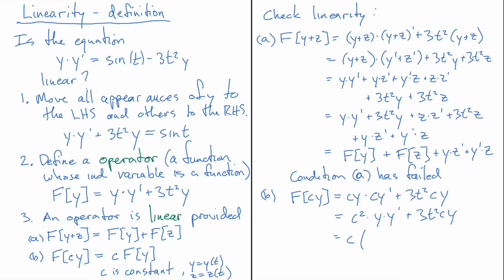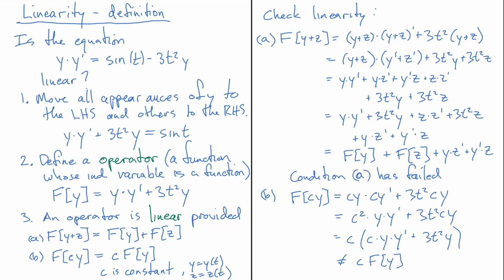But when I pull it out, what I'm left with is a c in the brackets here, because there were two of them. And that's because there's a product of two y expressions, plus 3t squared y. Now, if the c was 1, then I would have f of y in the brackets here. But it's not. And so this is not equal to c times f of y.